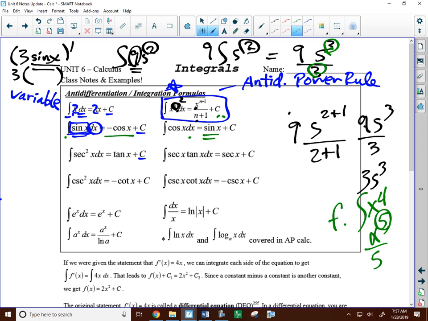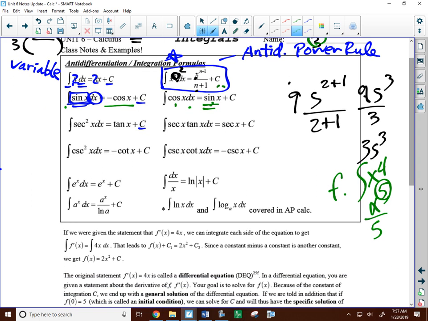So this is where sine and cosine, the negative and positive signs, actually switch. And you can check all these by doing the derivative. The derivative of sine is cosine. So those just switch signs, but they're still sine and cosine.